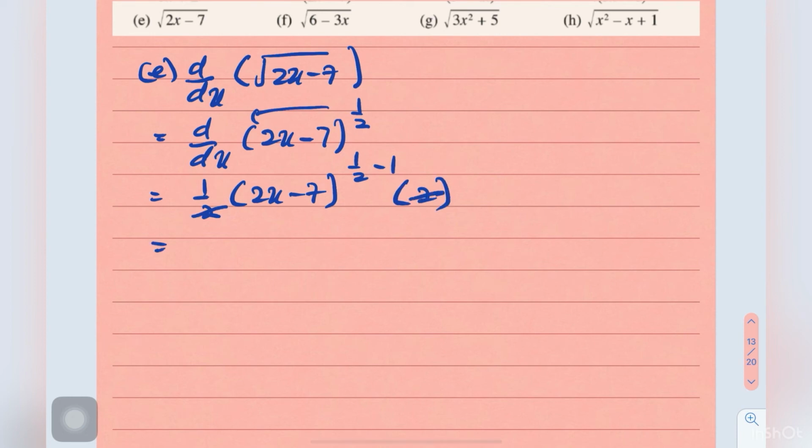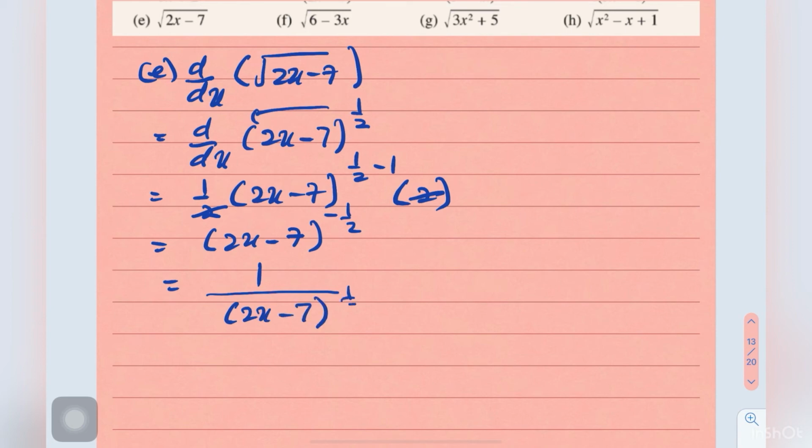Okay, we can simplify. We get (2x minus 7)^(-1/2), or 1 over (2x minus 7)^(1/2), which becomes 1 over the square root of 2x minus 7.